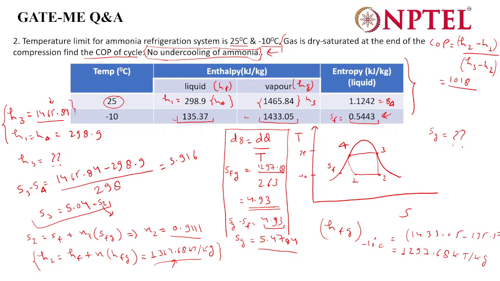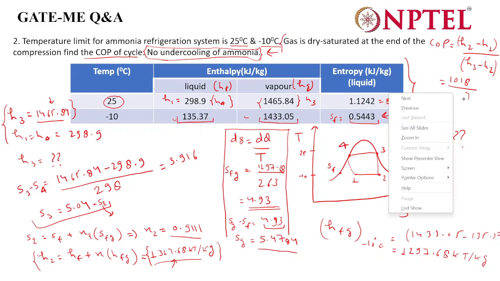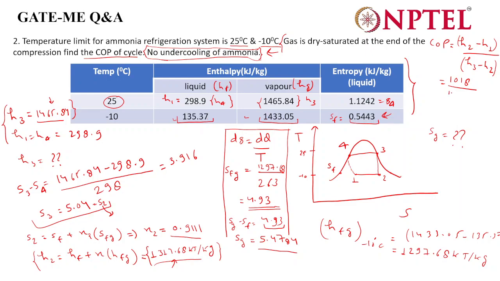You have to subtract 1465.84 minus 1317, so it would be close to 150. Yes, 148 approximately.